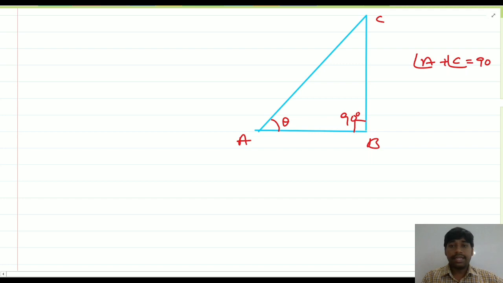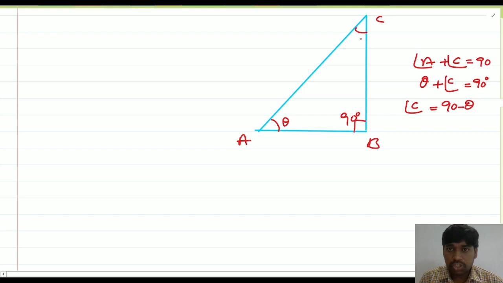With one angle 90, the other two angles should sum to 90. If A is theta, then C becomes 90 minus theta. So the other angle possible in the same triangle is 90 minus theta, and the sum of the two angles is 90.